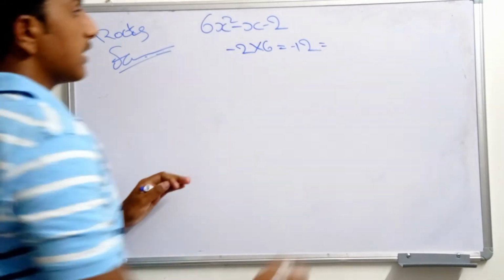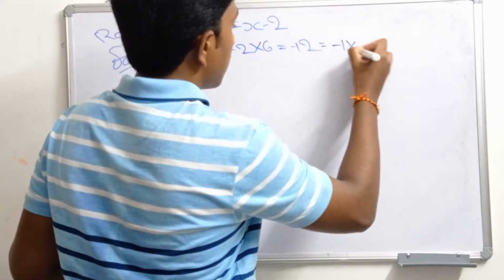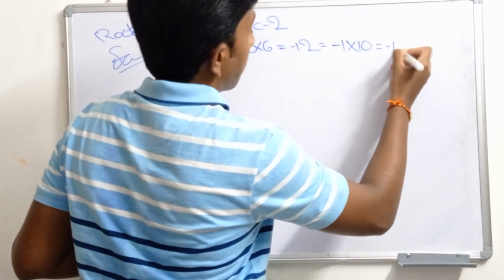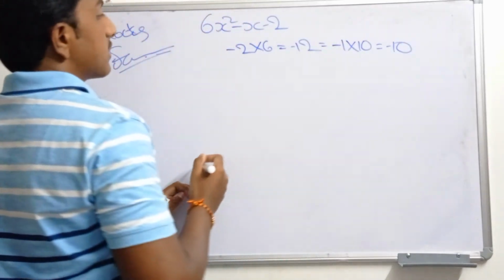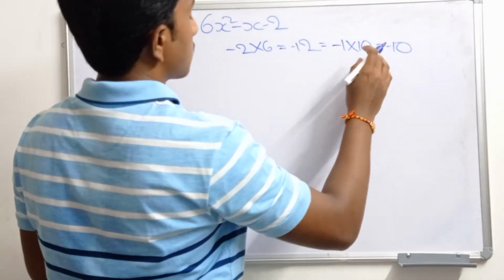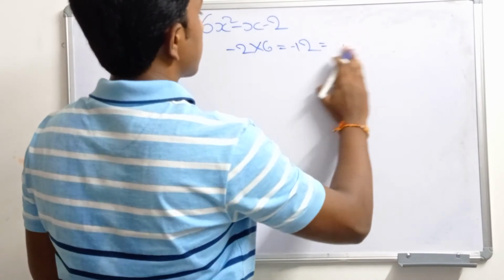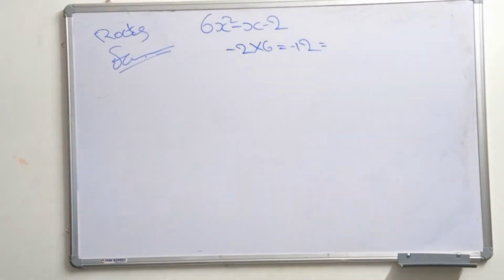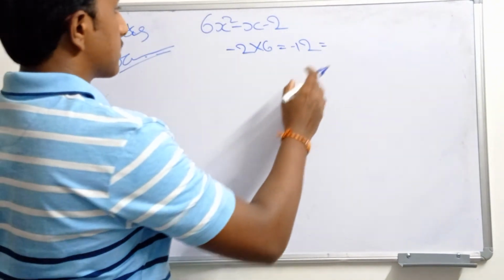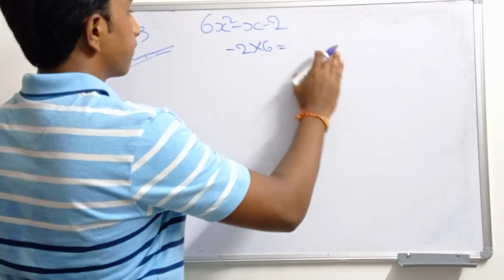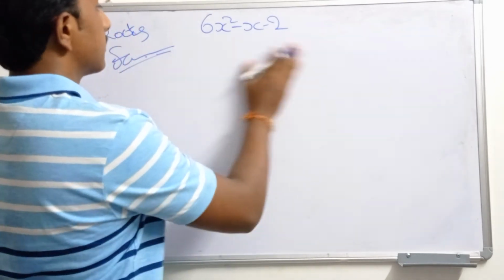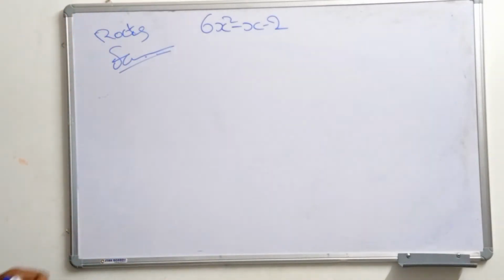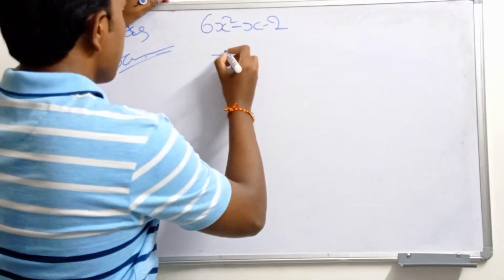The first factor is −1 into 10, and the second factor is, oh sorry guys, it is not −10, sorry, it's my mistake. −2 into 6 is equal to −12. So now we have to write the factors in such a way that, just a minute, sorry guys. So this is −12.